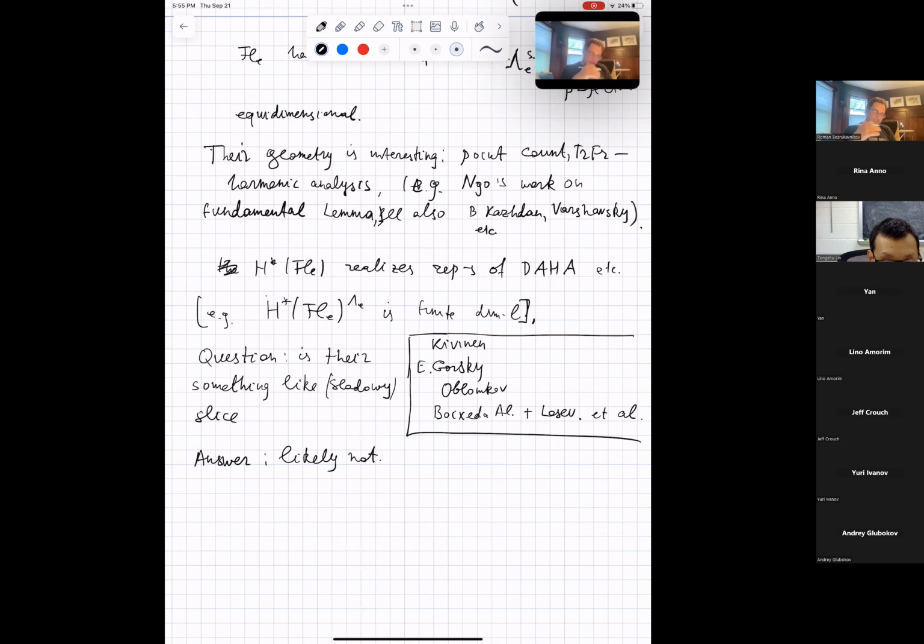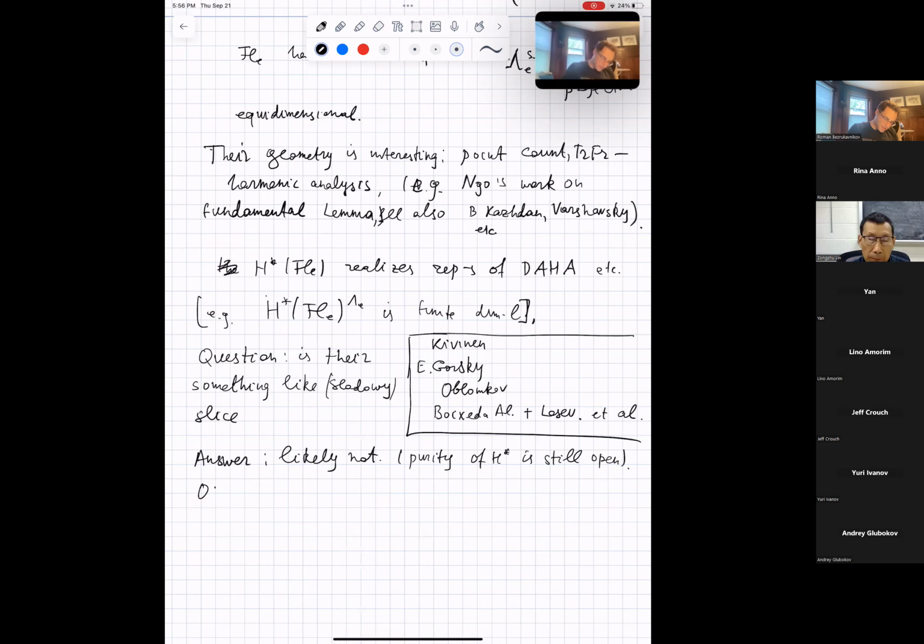The existence of a Slodowy slice, as I mentioned, implies purity of cohomology. And purity of cohomology is still what Ngo was trying to prove, and even with his powerful methods, he only proved something weaker. So purity of cohomology is still unknown whether it's true or not.